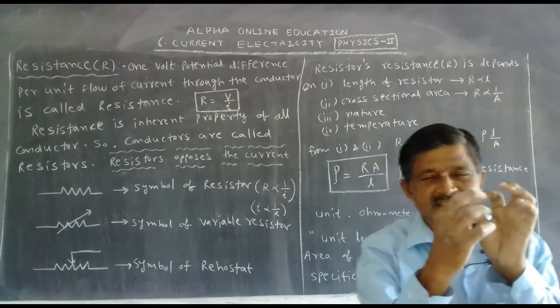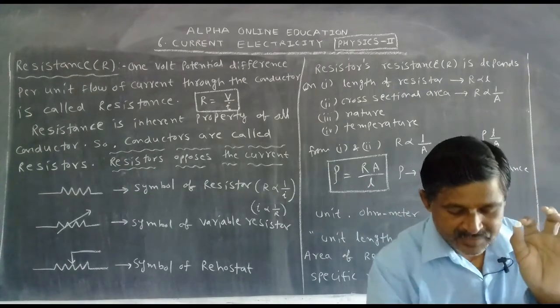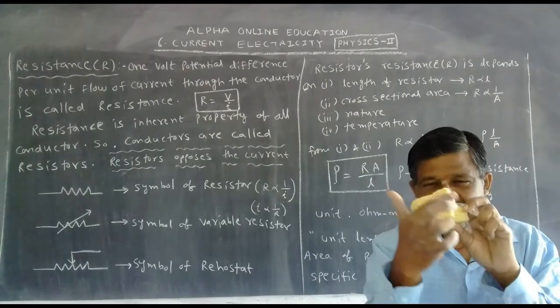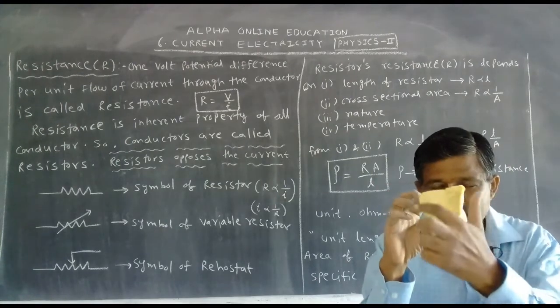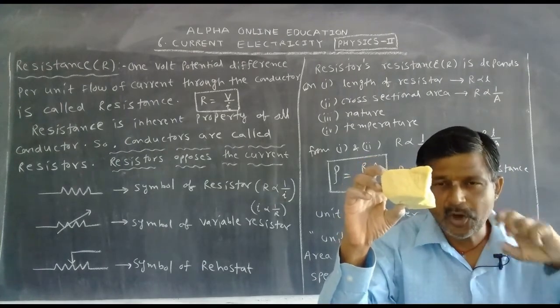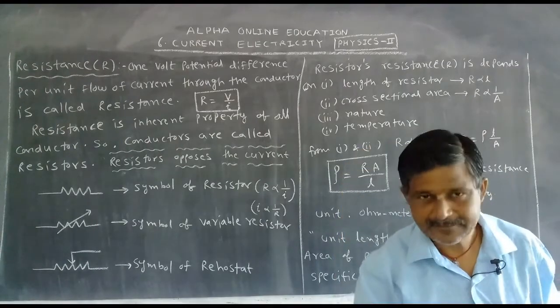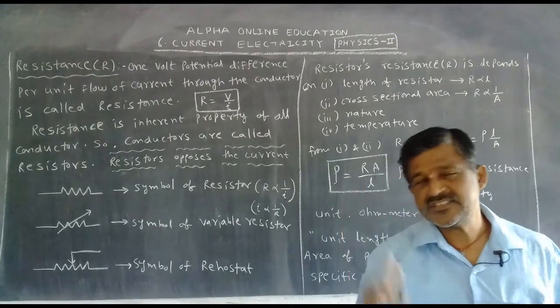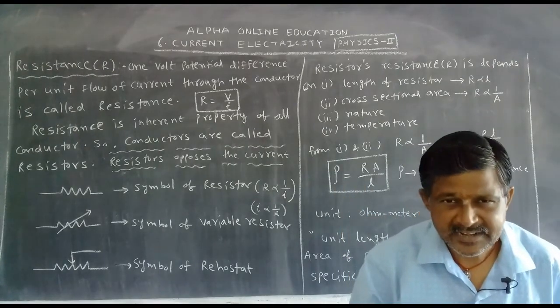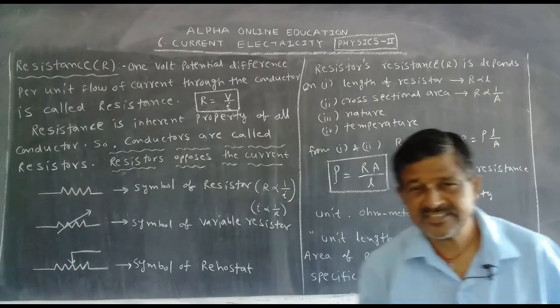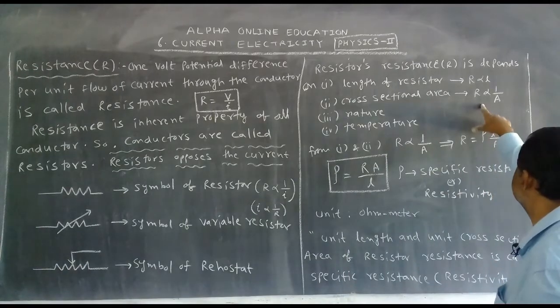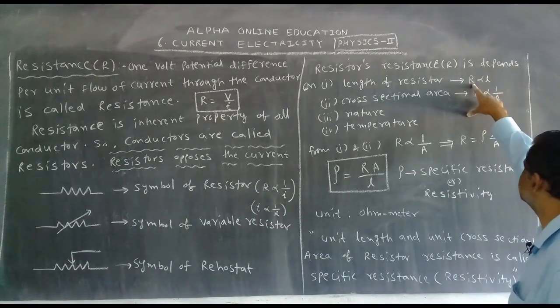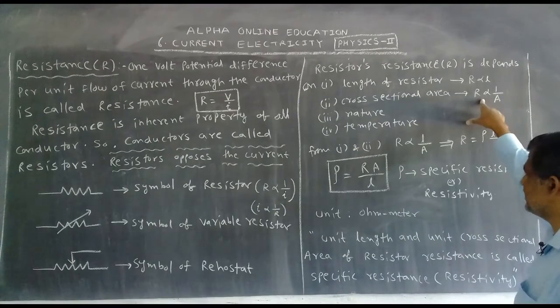This object's cross sectional area is more, so resistance is less. This cross sectional area is less, resistance is more. So what is the relation between the resistance and cross sectional area? Inverse relation. Length is proportional relation, area is inverse relation.